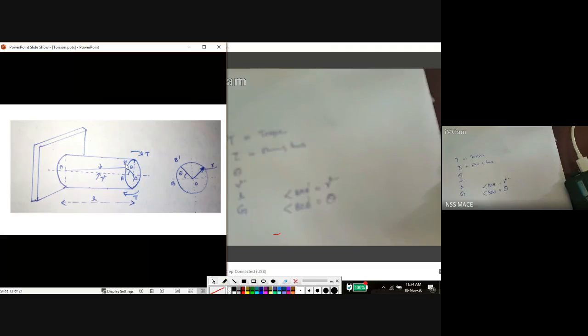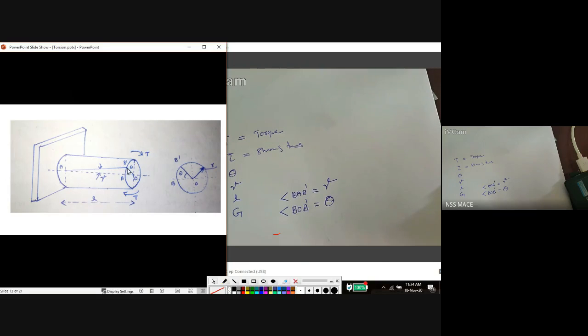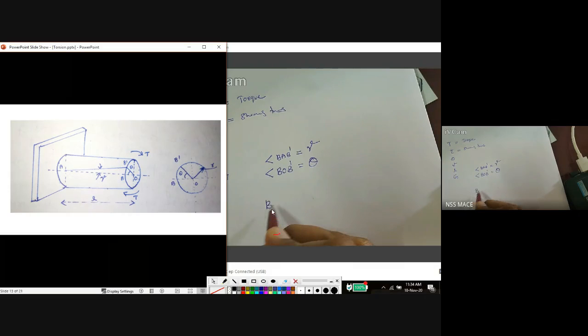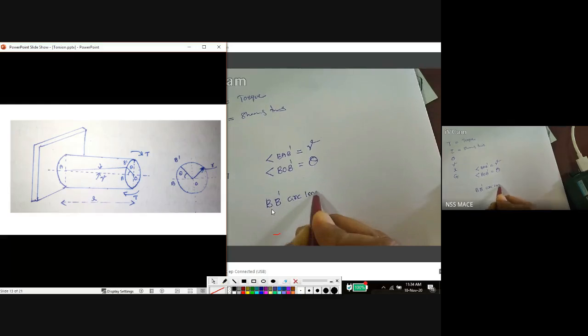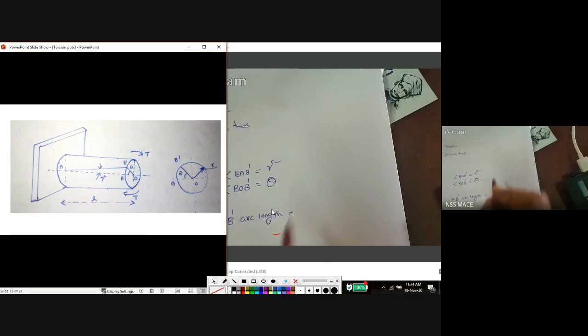Then take this arc BB dash. What is the arc length BB dash? How can we calculate the arc length?